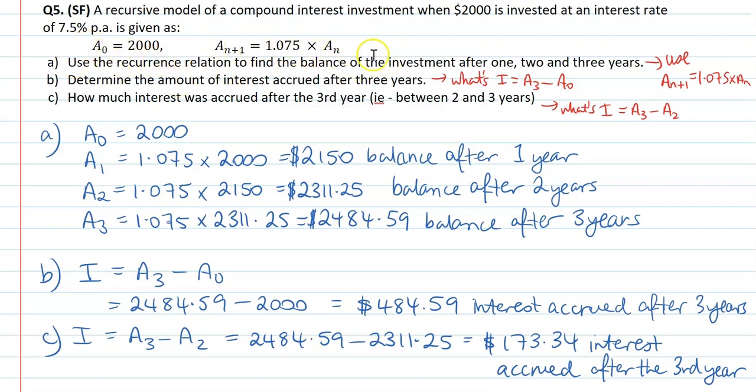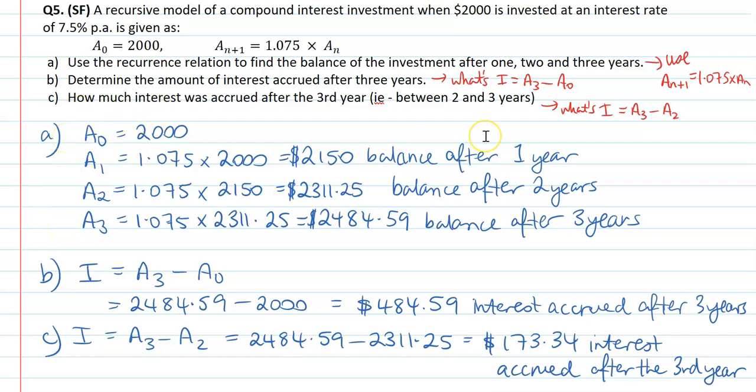So part A, you're using the recurrence relation, so you're just finding A1, A2, A3. For B, it wants to know the interest accrued after the 3 years. So essentially, hopefully you interpreted that as the balance after the 3rd year minus the principal.